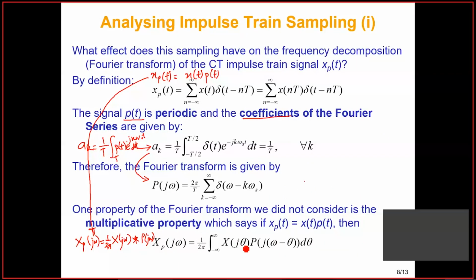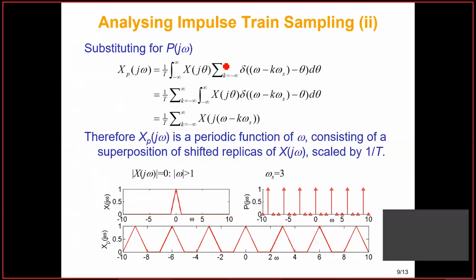So this is that, and if we just plug in values for P(jω), then P(jω) is basically just shifted delta functions, and with the ω_s as scaling factor which is taken out, ω_s ends up giving you 1 over T. And inside, if you just take the summation out and integration inside, you end up getting this X(jθ) multiplied by these shifted impulses dθ.